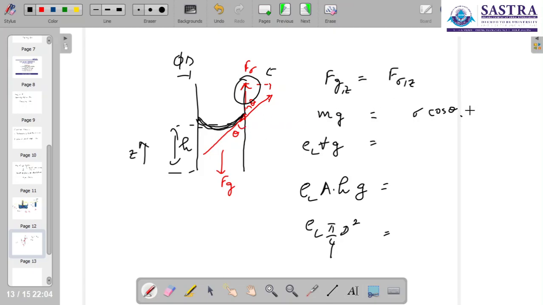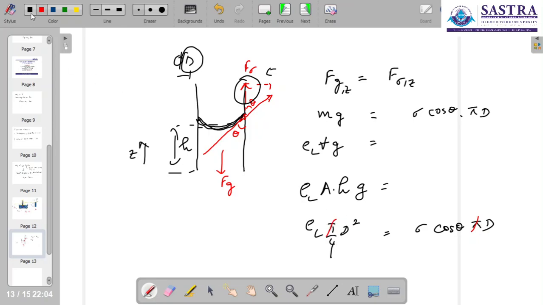Assuming a circular cross section, the perimeter is pi d. So this is sigma cos theta times pi d, and you can just balance it out.